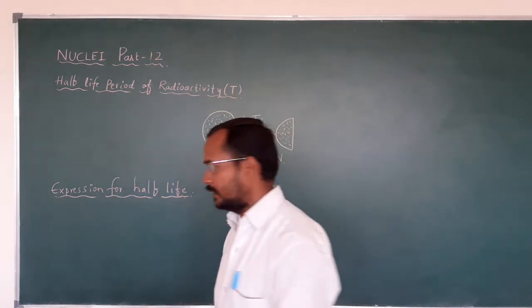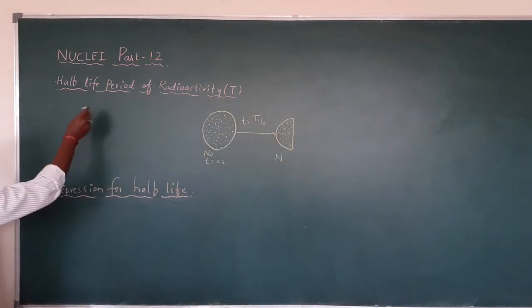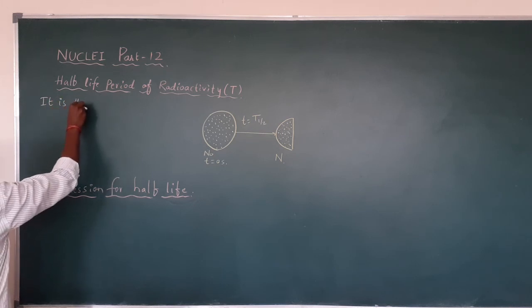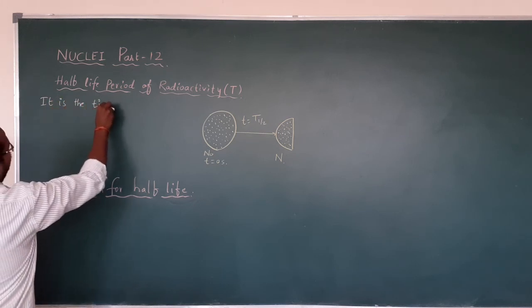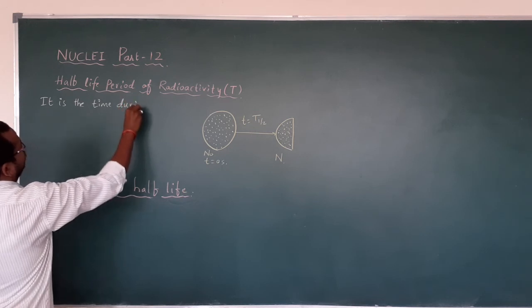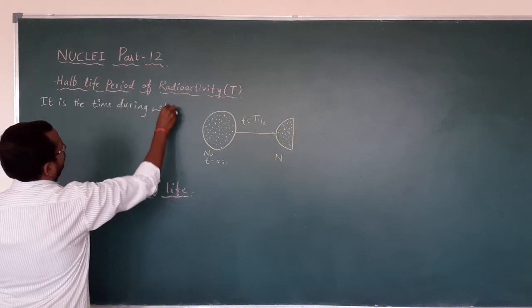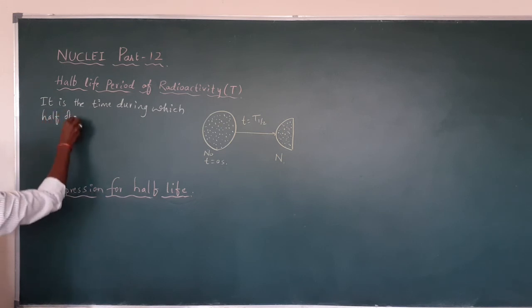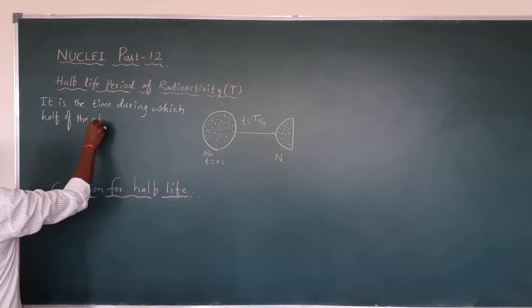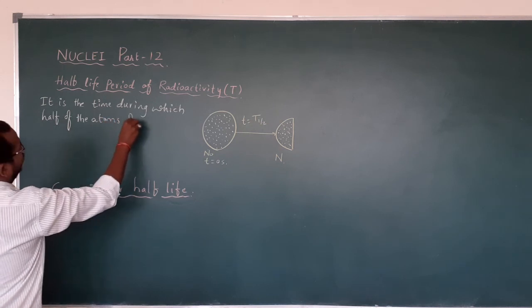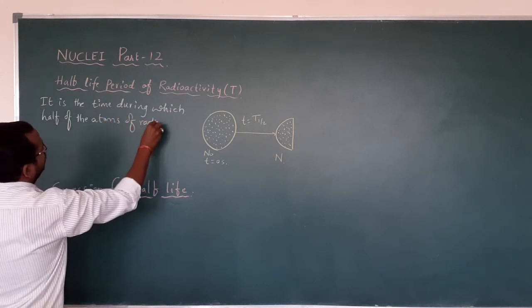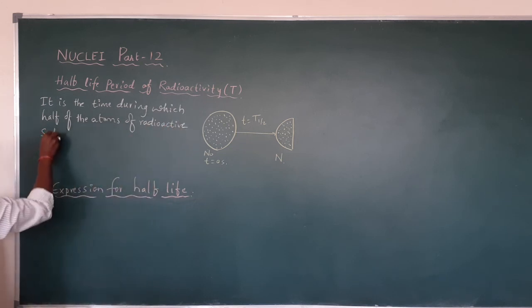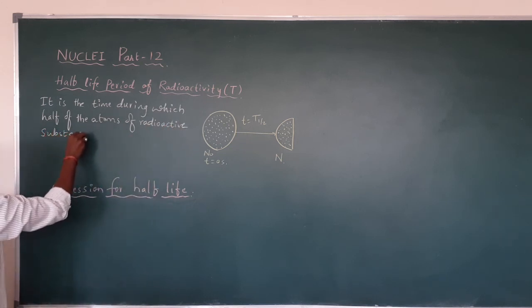See how I am defining it now. What is the half-life period of radioactivity? It is the time during which half of the atoms of radioactive substance disintegrate.